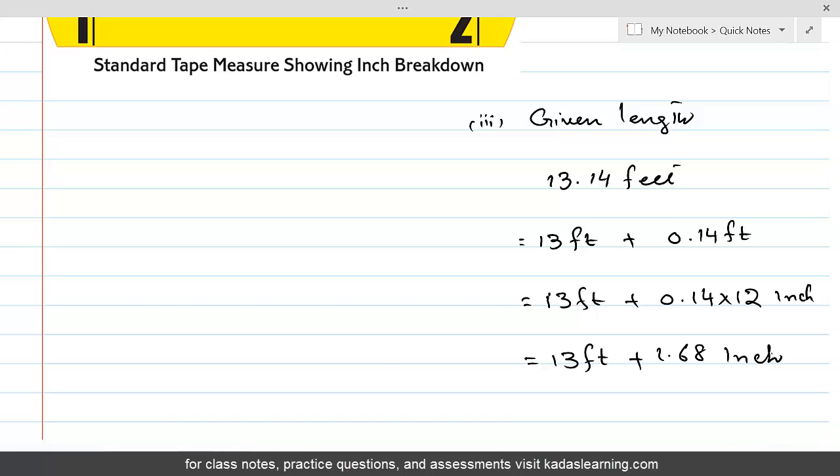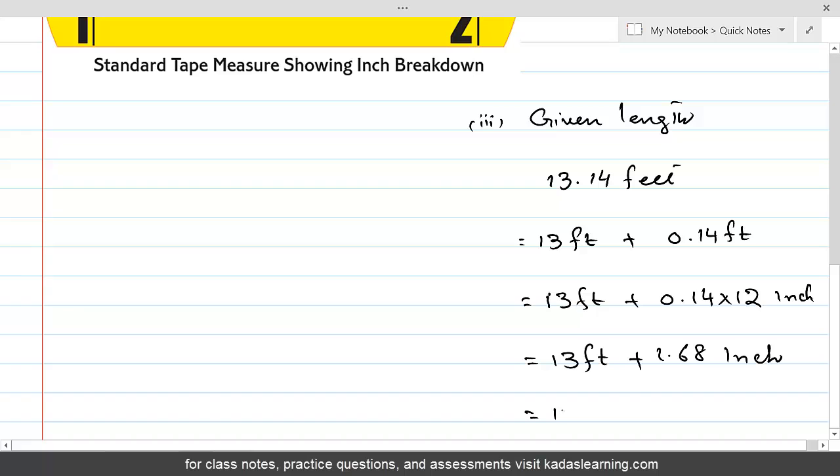It really depends upon the accuracy level of the required answer. If you want it to be accurate to 1/2 of an inch, the answer would be 13 feet plus 1.5 inches. If you want the accuracy level to 1/4 of an inch, this would be 13 feet plus 1 whole 3 by 4 inch. So it really depends upon the desired accuracy level. So let's write it with an accuracy level of 1/4 of an inch.